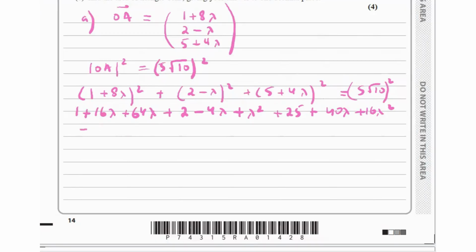And that equals 250. Bring everything on one side, collect the like terms. So that's going to be 81 lambda squared plus 52 lambda minus 220 equals 0. That's your answer.